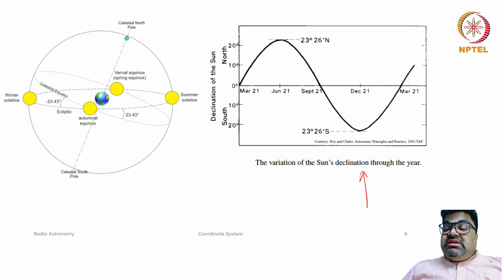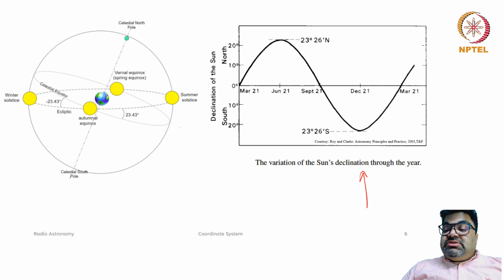So if an observer is on the Earth, it's much easier to assume that there is a celestial sphere, and on the celestial sphere every star has a coordinate, and that kind of moves with respect to the Earth.